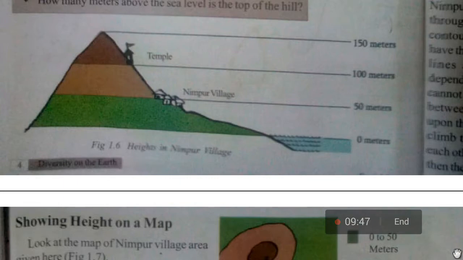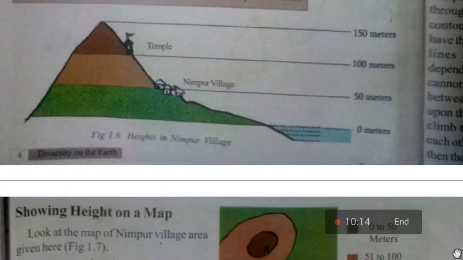See here, Nimpur village is given as a diagram, and how many meters high it is from the mean sea level. Observe this picture. A sea is given at the bottom of the village. The sea level is taken as 0 meters, and after that, how many meters above the sea level is Nimpur village? It is 50 meters above the sea level. And the temple is 100 meters above the sea level. And the hill of the Nimpur village is located 150 meters above the sea level.